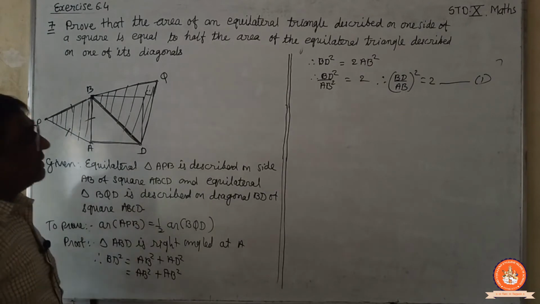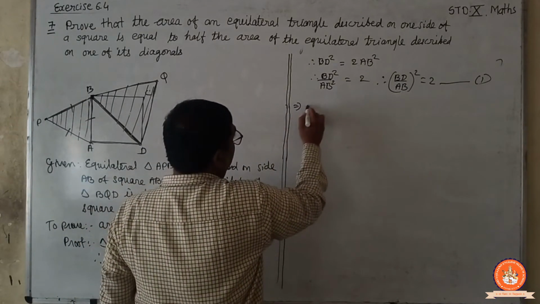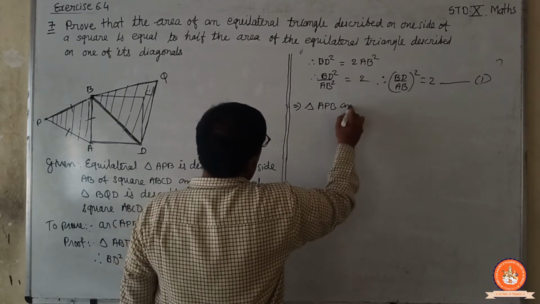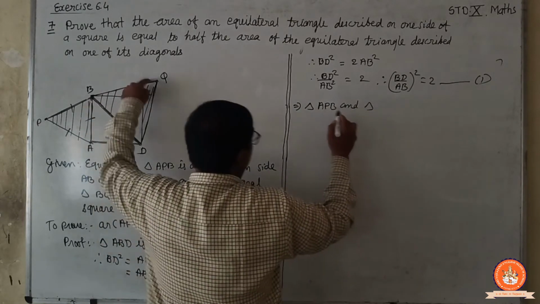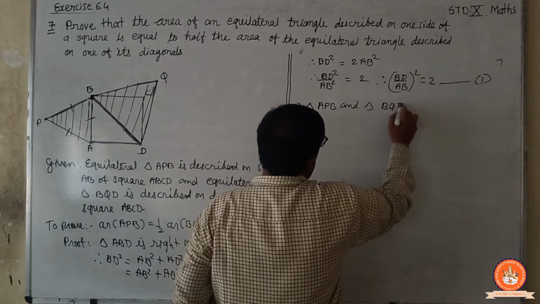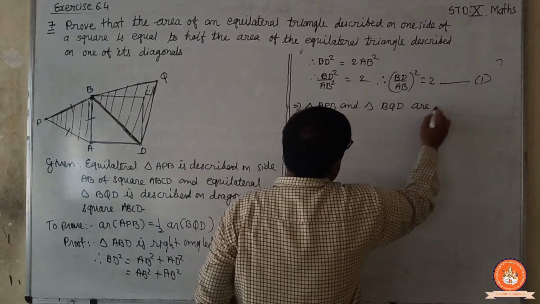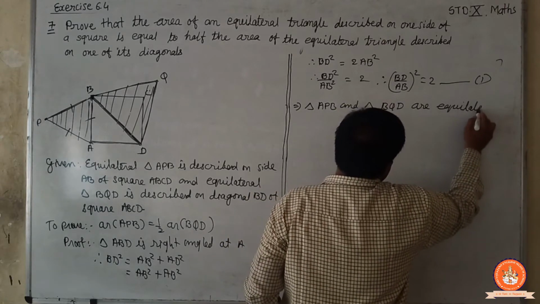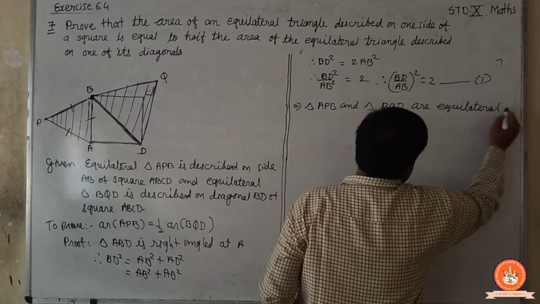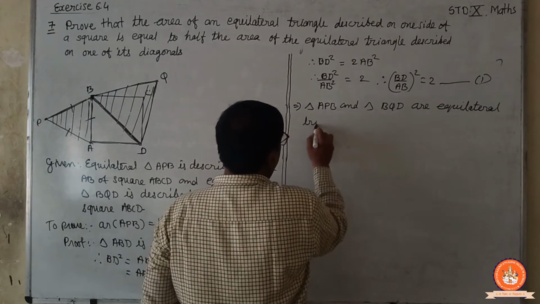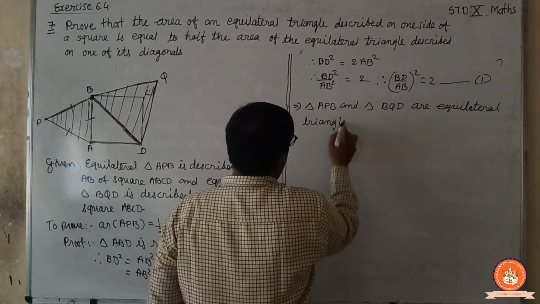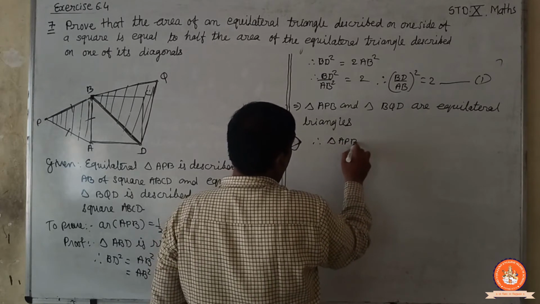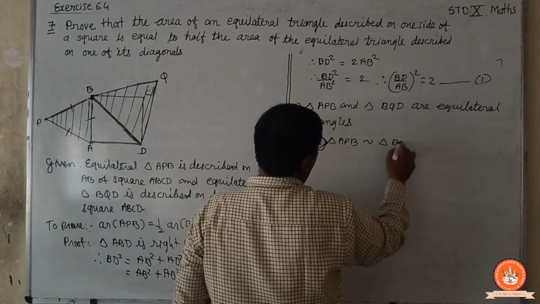Okay, my friends. Now triangle APB and triangle BQD are equilateral triangles. And so therefore triangle APB is similar to triangle BQD.